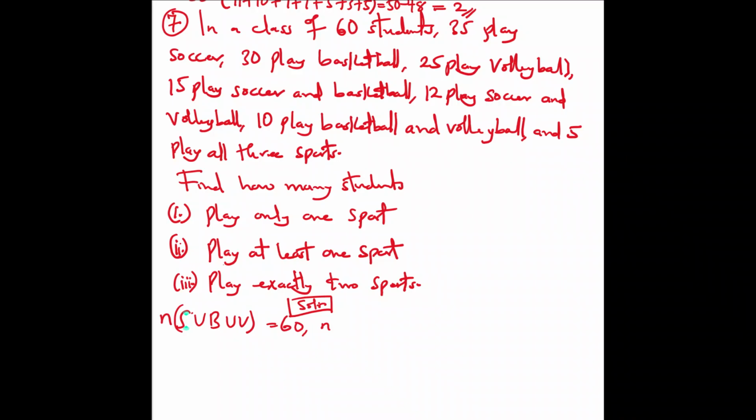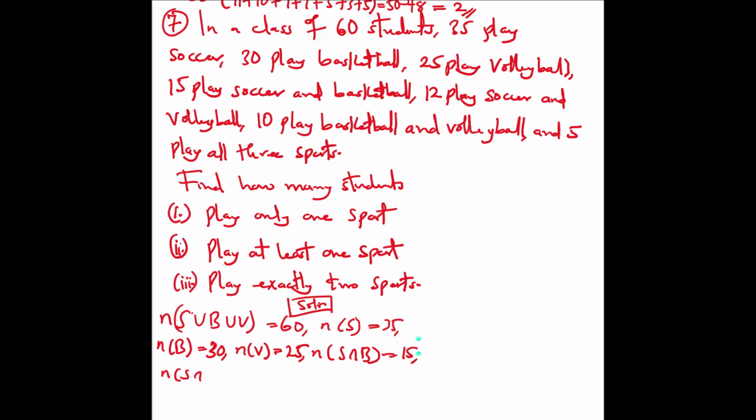So the number of students who play soccer is 35. The number of students who play basketball is 30. The number of students who play volleyball is 25. The number of students who play soccer and basketball is 15.